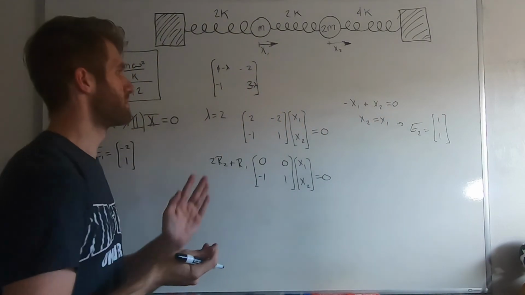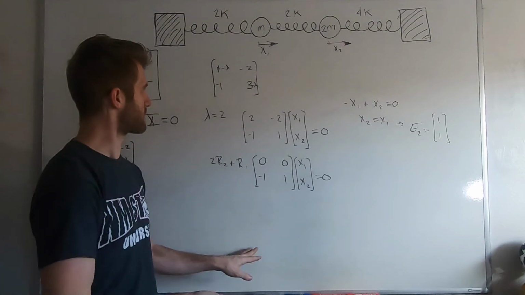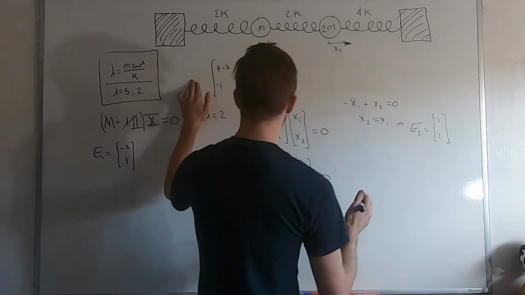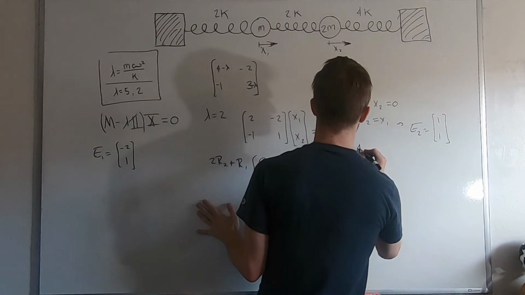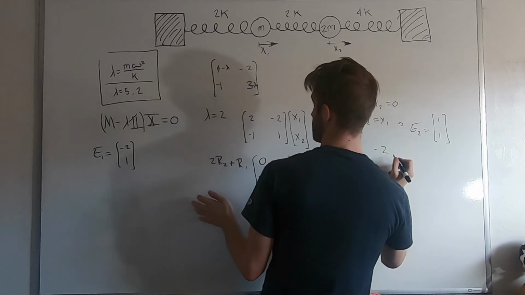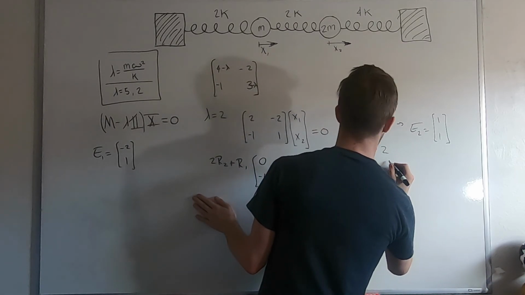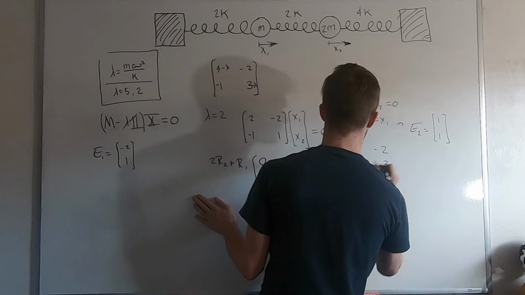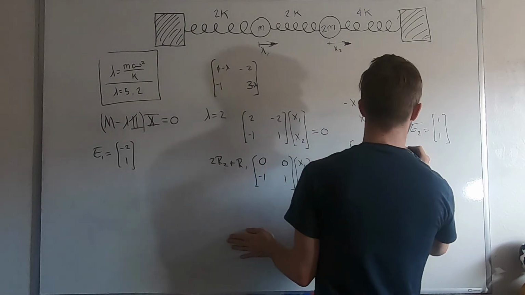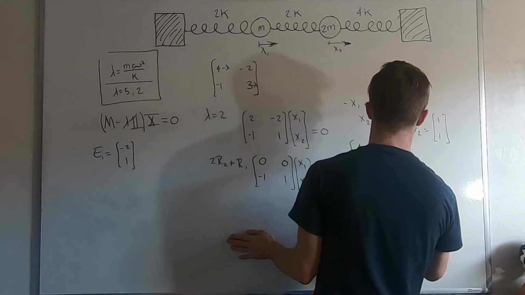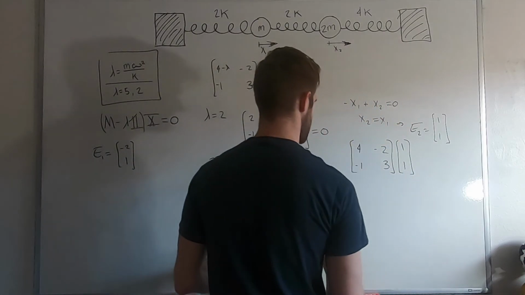Just for safety's sake, just to check to see if we did this correctly. Let's do 4, -2, -1, 3, and then we're gonna have 1, 1. Let's multiply this across.